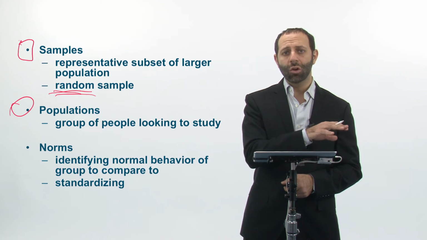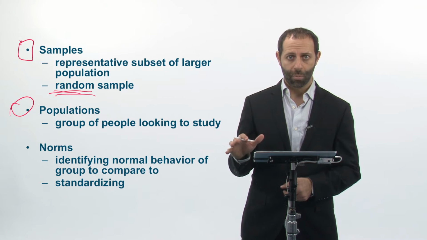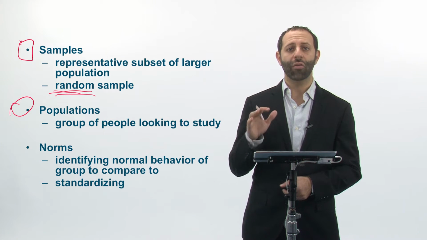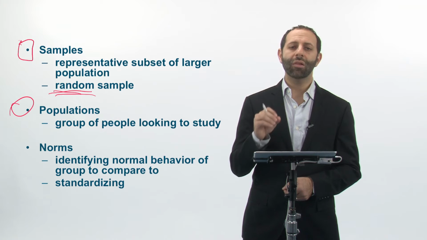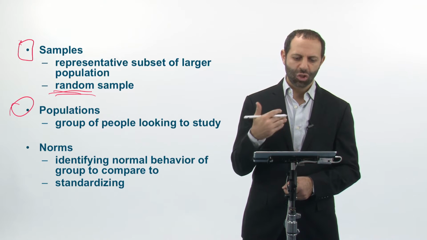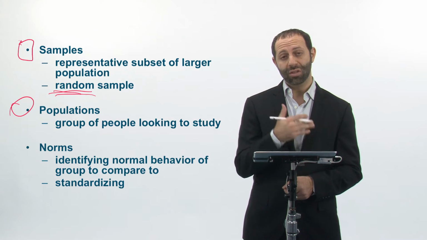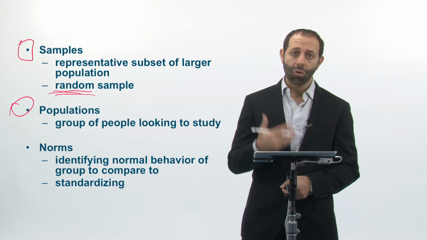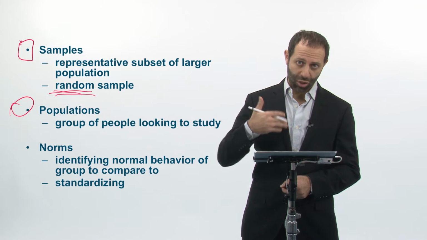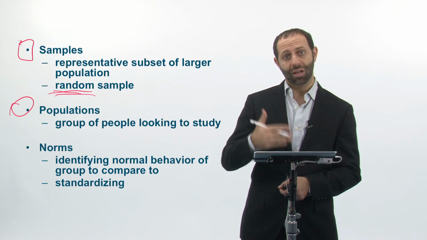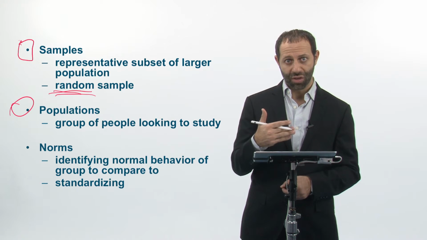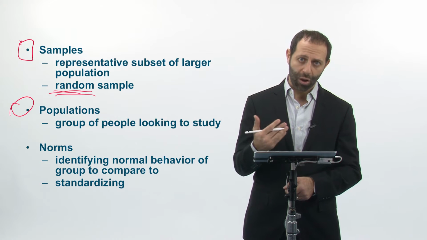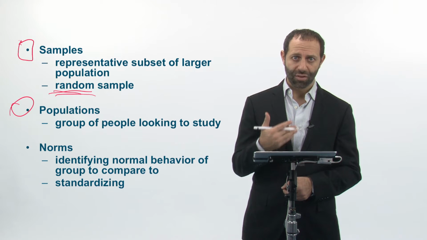So if I only look at the people in the front row, and I ask everybody in the front row for their GPA, I'm likely going to get a high GPA average from those in the front row because it's a biased sample. Most students who are high achievers will sit in the first few rows of a college course, and therefore the GPAs will be higher. It's not a representative sample.